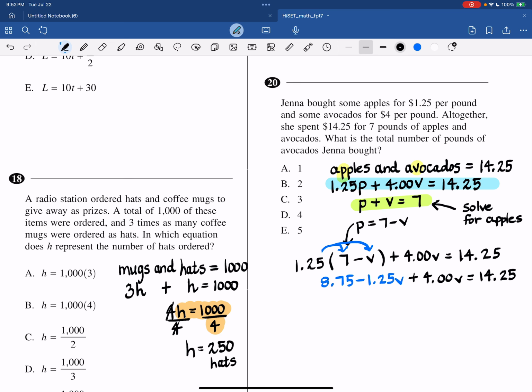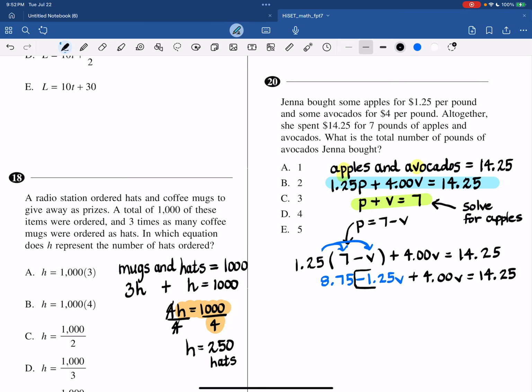All right, so I'm going to combine my V terms. Those are like terms. So $4 minus $1.25 is going to be $2.75V. And then I'm going to bring down this information I haven't used yet. We're almost there.